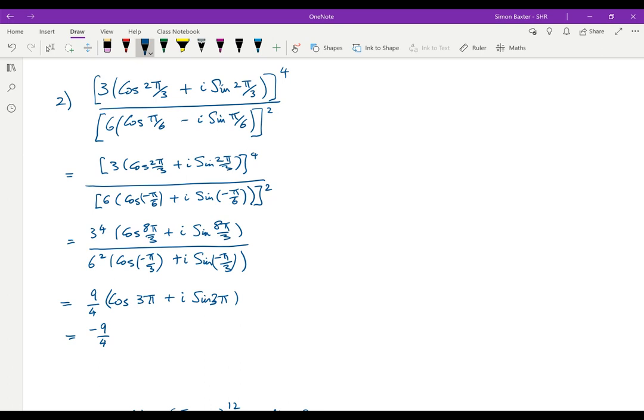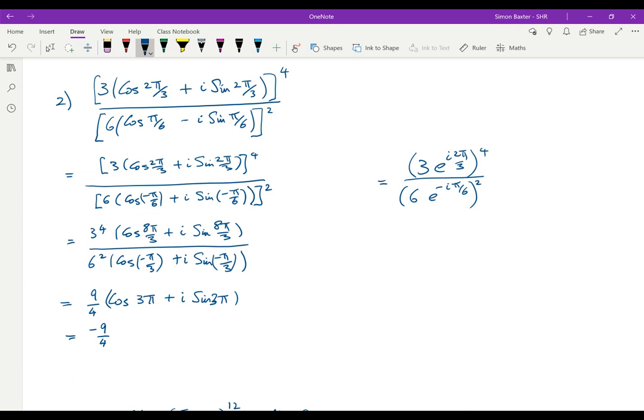We've still got to appreciate the first line that we need to put minus pi by 6 instead of pi by 6. And then we can write this as 3e to the I 2 pi by 3 to the power 4 all over 6e to the minus I pi by 6 squared.